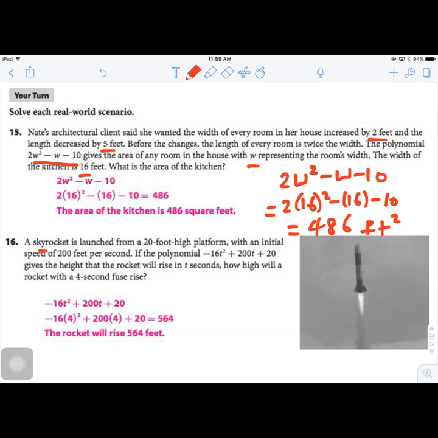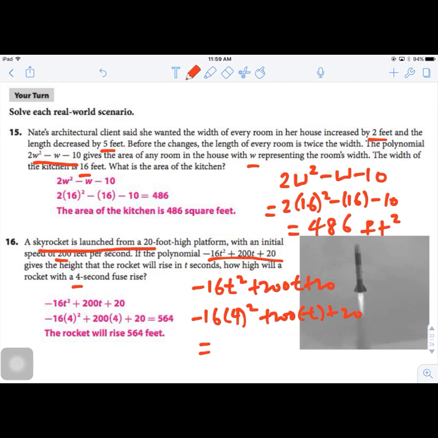Next, a skyrocket is launched from a 20 feet high platform with an initial speed of 200 feet per second. If the polynomial right here gives the height in seconds, how high will it be with a 4-second fuse rise? So again, we're going to start with the expression and substituting 4 for the time that is given.